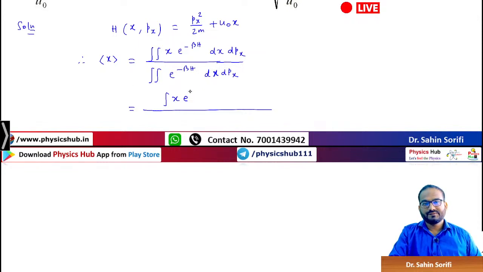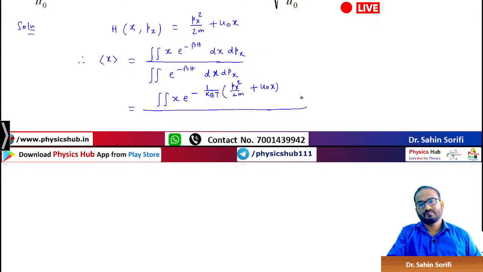Let's write it for the time being, beta is equal to 1 upon kT, times H, put the value, multiplied by dx dpx. No issue till now.